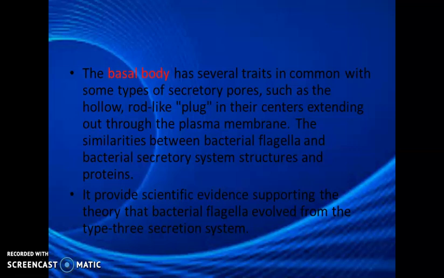I have not shown prominent evidence, but this provides scientific evidence supporting the theory that bacterial flagella may have evolved from type 3 secretion systems. That is why there is a connection between the bacterial flagella and the bacterial secretory system.